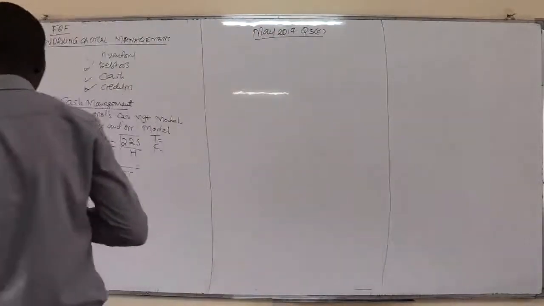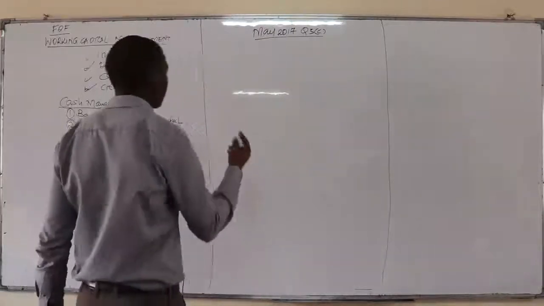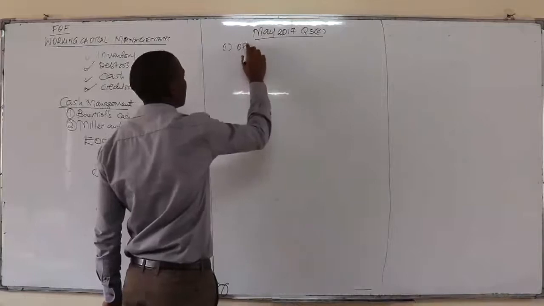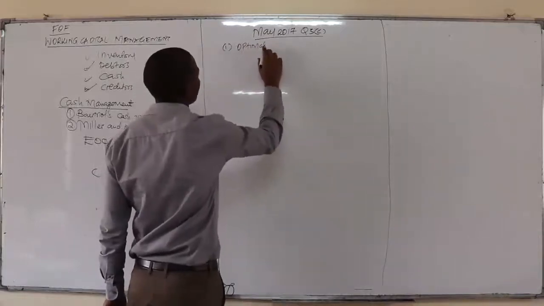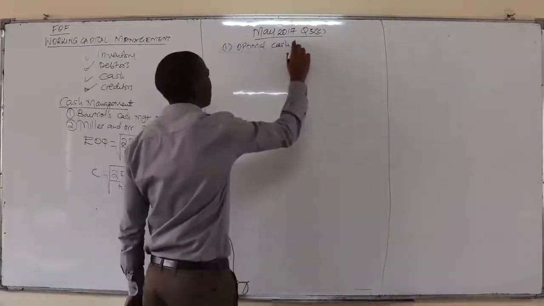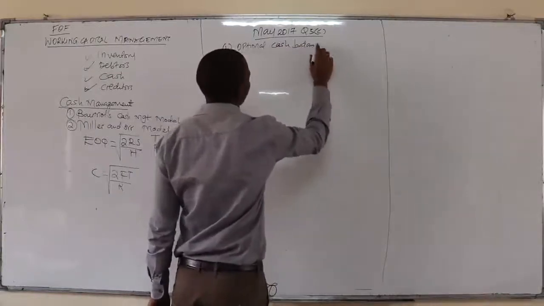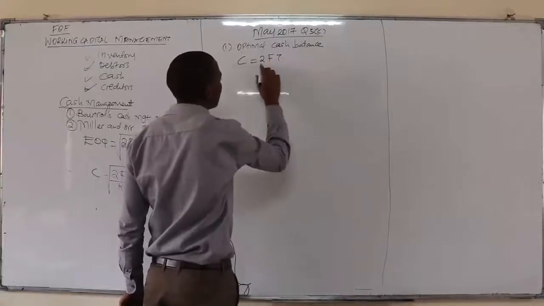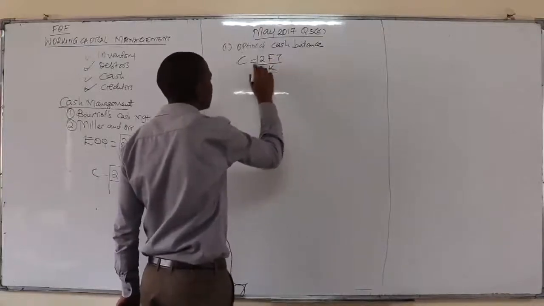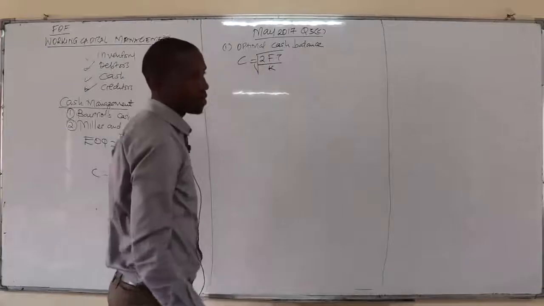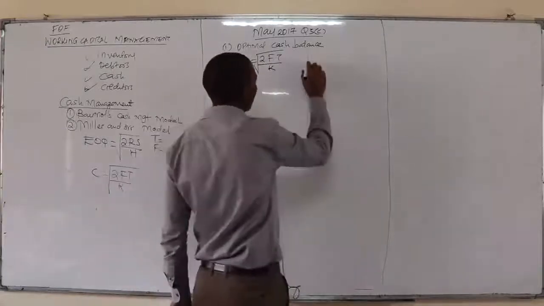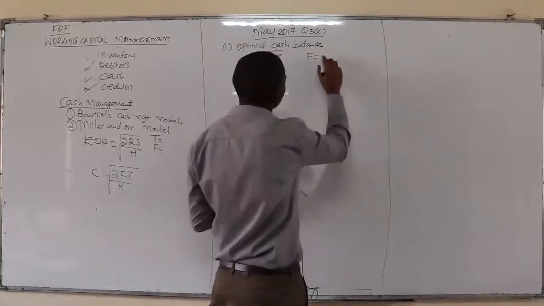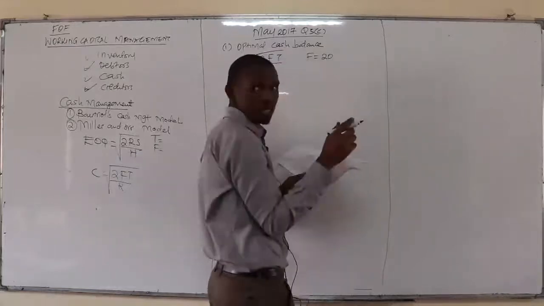So for you to get the optimal cash balance, which is C, we've said it's the square root of 2FT over K. In this case, our F, the fixed transaction cost per transaction, is 20.